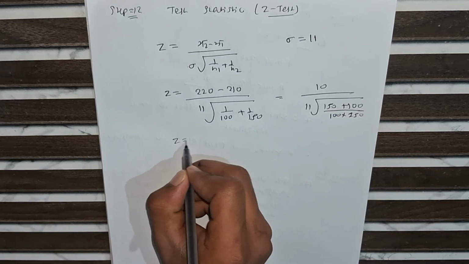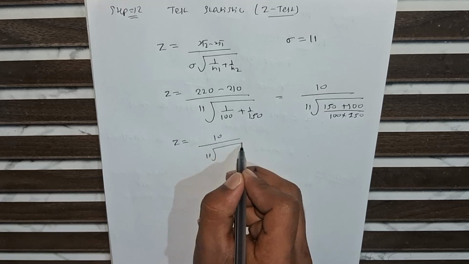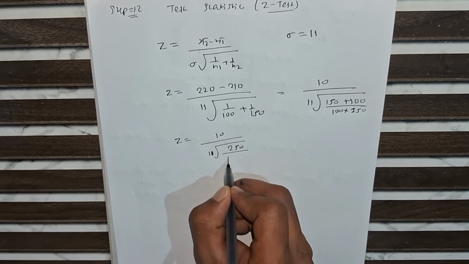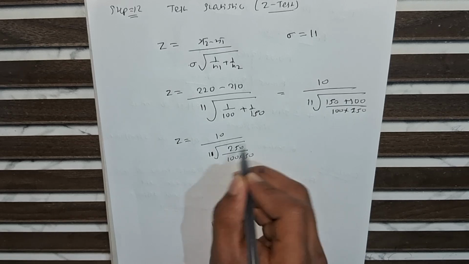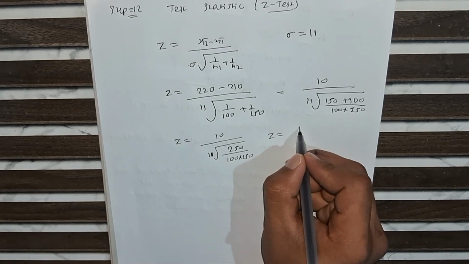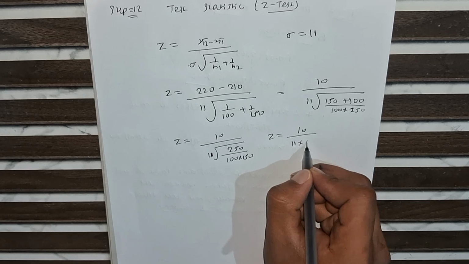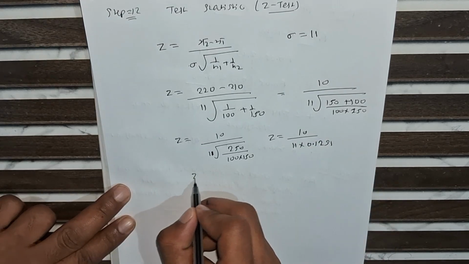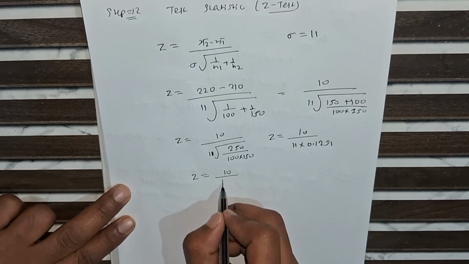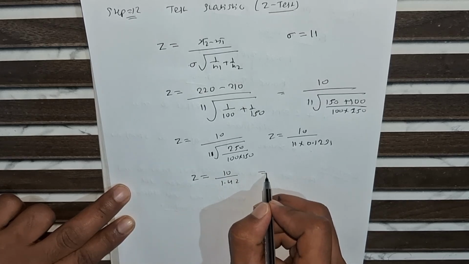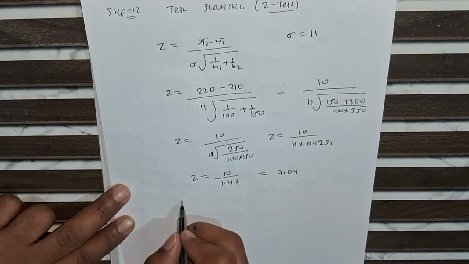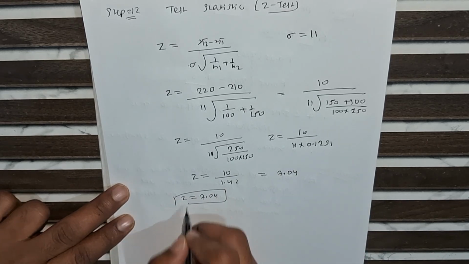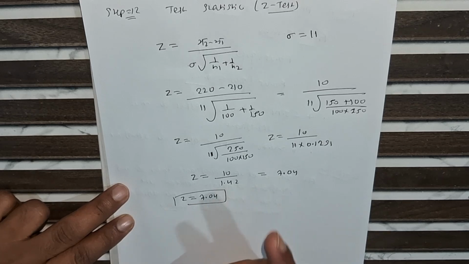So Z equals 10 divided by 11 into the square root of 250 divided by 100 into 150. When you solve it, it becomes 10 by 11 into 0.1291. Further solving, it becomes 10 divided by 1.42, which is 7.04. So our Z value equals 7.04. Here two samples are there, so we are using the two-tail test.